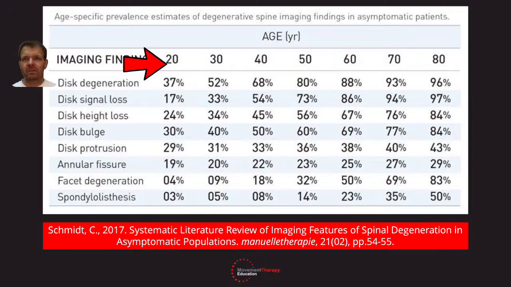So if we have a look here, we've got the age of patients across the top here, so from 20 through to 80. And then down the side here, we've got all the different kind of things that you might see on an MRI report, and the kind of things that they would highlight. So we've got disc degeneration, disc signal loss, disc height loss, a disc bulge, disc protrusion, annular fissure, facet degeneration, and spondylolisthesis.